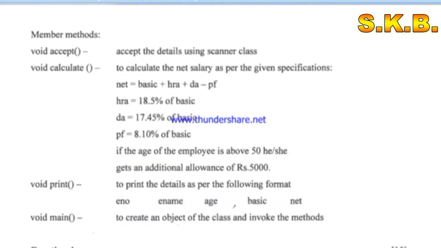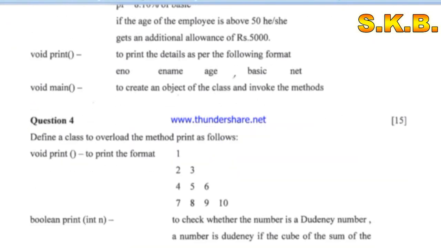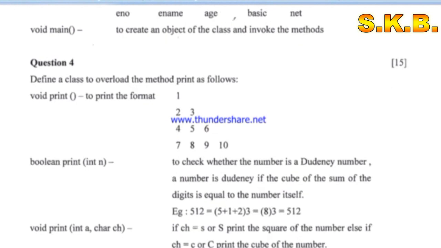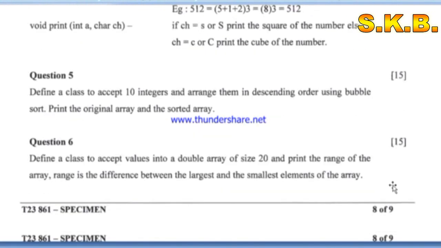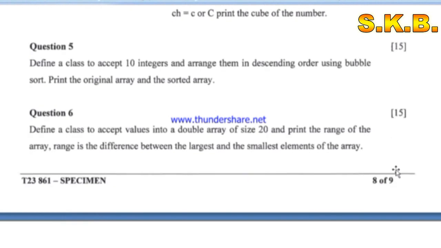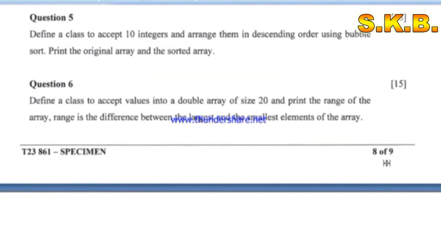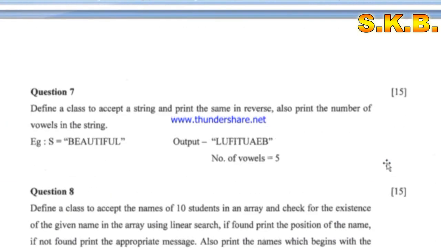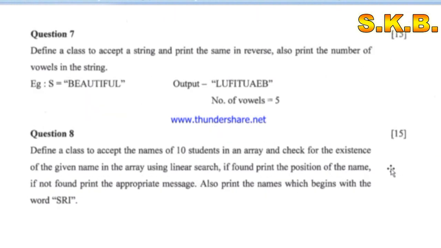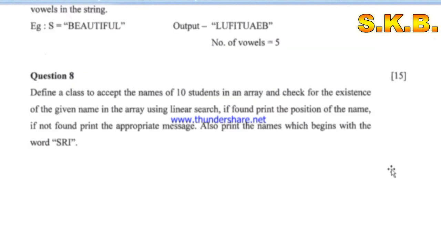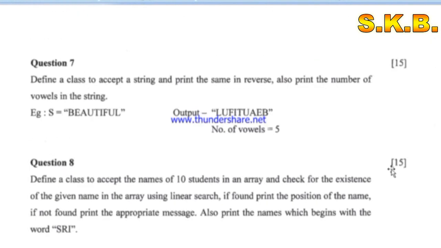Question number 5 is one array-related program. Question number 6 is also an example of an array-related program. Question number 7 is from the string handling chapter, and question number 8 is also related to strings. So this is our question paper.